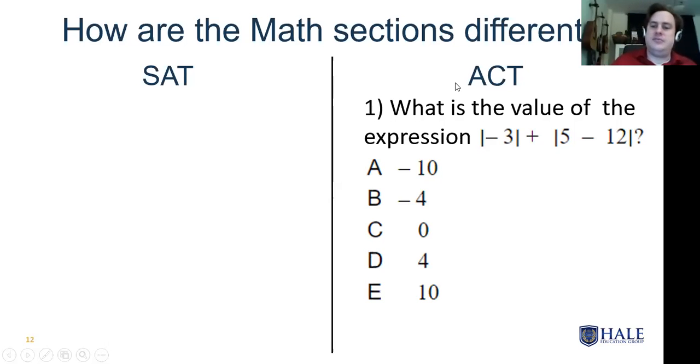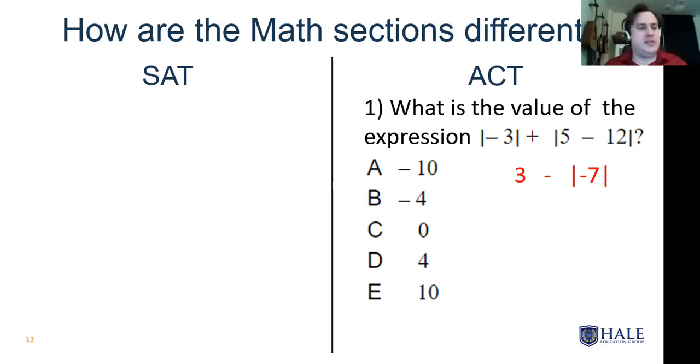What is the value of the expression? Now, these vertical lines here stand for absolute value. So this question says, what is the absolute value of -3 plus the absolute value of 5 minus 12? So first step, when we subtract 5 and 12, we get -7.